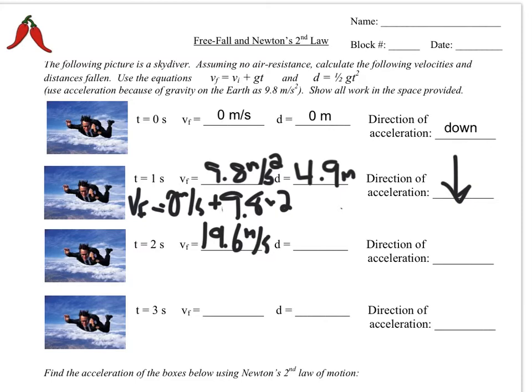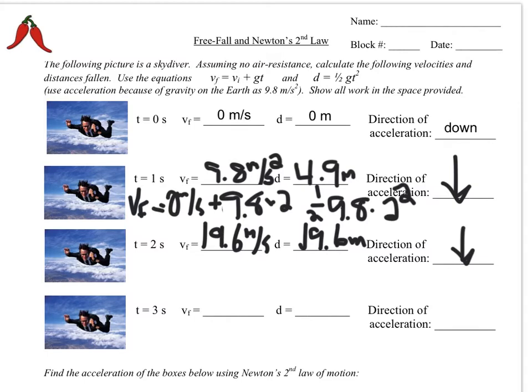For distance, we're using the same equation, 1/2 our gravity of 9.8 times our time squared. Our time squared is 2 squared, which is 4, times 9.8 divided by 2, and that gives us an answer of 19.6 meters. And they are, of course, still accelerating downward.